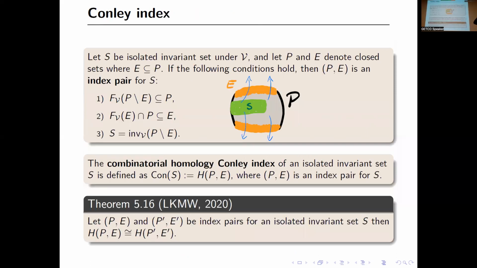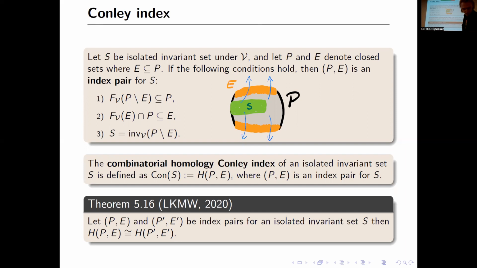Okay, and the crucial concept that we need later is the notion of index pair, which we use to define the Conley index, our homological descriptor of isolated invariant sets. The Conley index will capture the dynamical nature of isolated invariant sets. Index pairs are defined as a pair of closed sets that satisfy those three conditions.